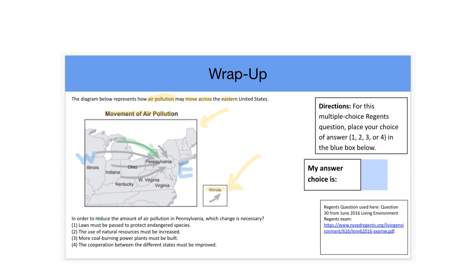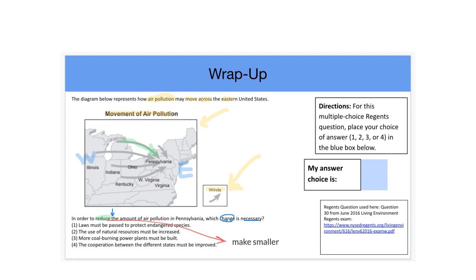In order to reduce the amount of air pollution in Pennsylvania, which change is necessary? So I told you that one of the tips to answer this type of questions is to highlight and circle important keywords. So we want to reduce the amount of air pollution. So in my mind, I'm already thinking that reducing means minimizing, means diminishing, means the pollution going down.